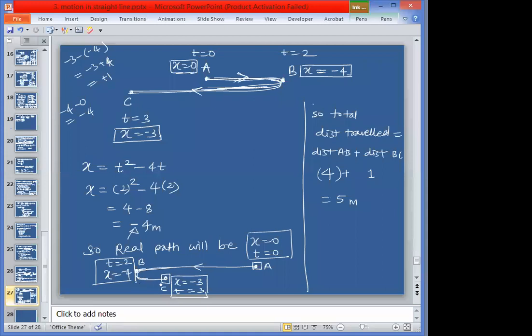So हे distance किती आलं? +1. So पहिल्यांदा 4 मीटर इकडे travel केले लेफ्टला, plus 1 मीटर राईटला travel केले. So 4 meter plus 1 meter, that is equal to 5 meter distance. Is that clear? Yes, good. Slowly we will solve the tricky questions as well.